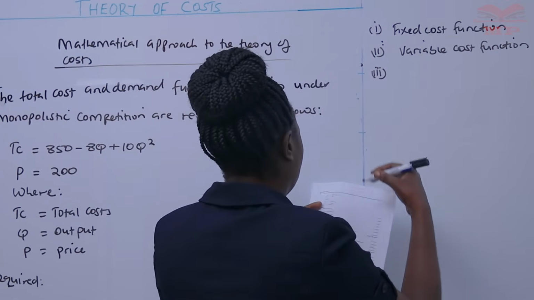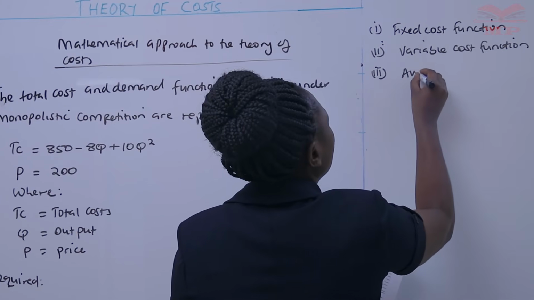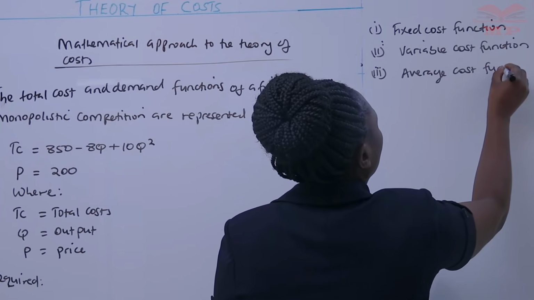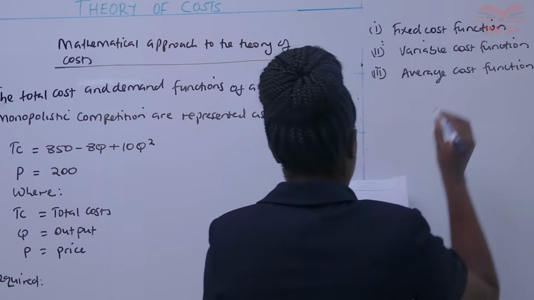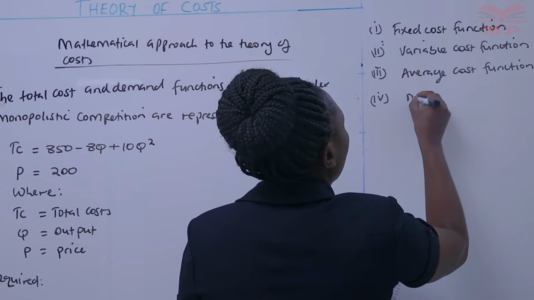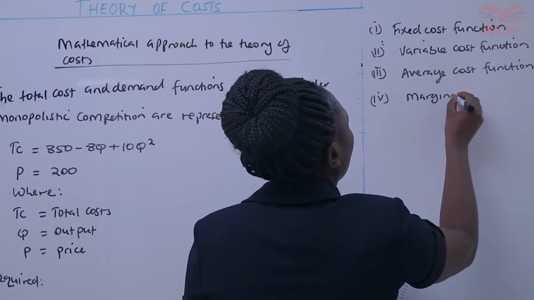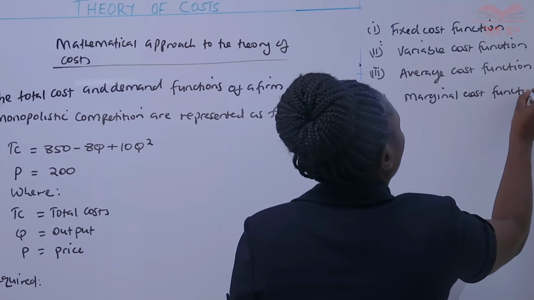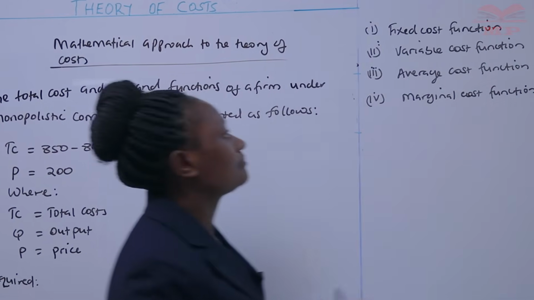Roman 3, average cost function. And then Roman 4, marginal cost function.